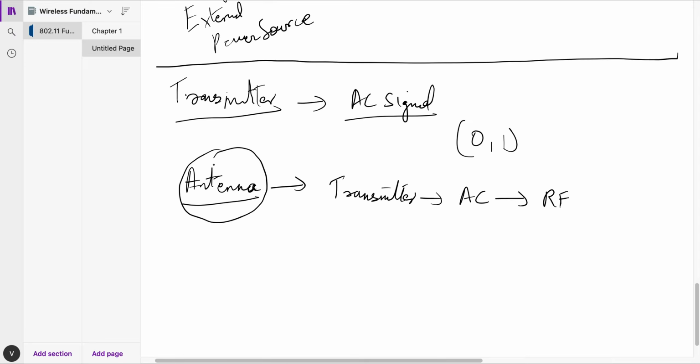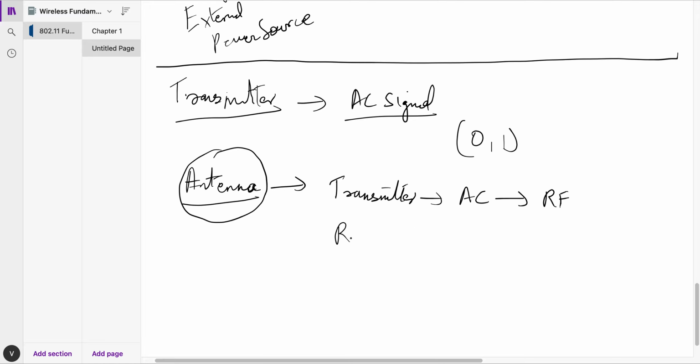It collects the AC signal that it receives from the transmitter, and radiates the RF wave in a pattern specific to the antenna type. Let's say my antenna is omnidirectional or semi-directional or highly directional. It uses that pattern and directs the RF outside.